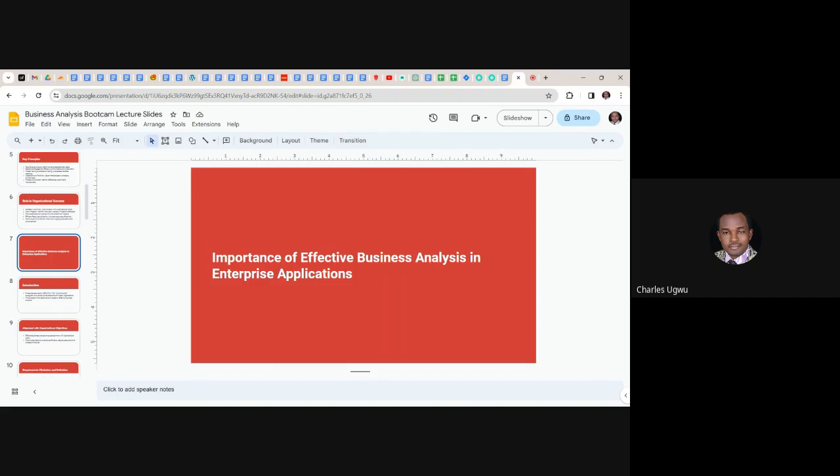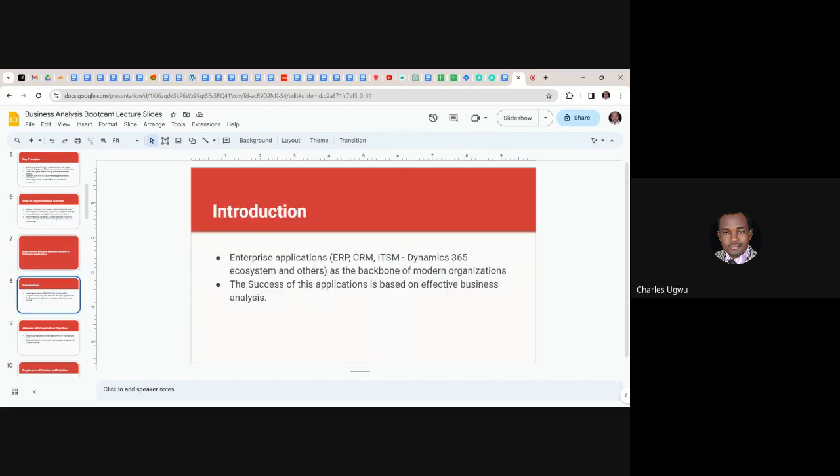Business today is enterprise application. Everything about business is enterprise application. So what is enterprise application? Enterprise applications are these applications we use in our everyday business.